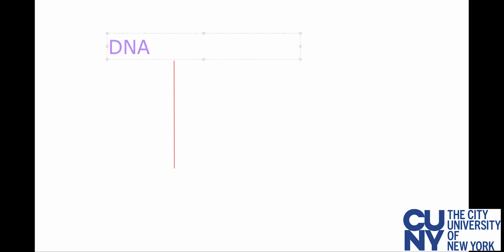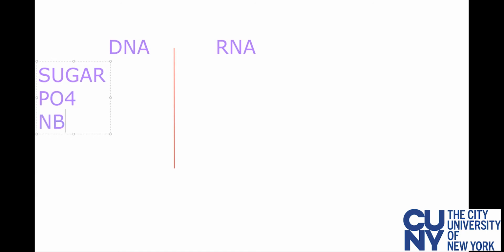DNA and RNA. You need to remember what the building blocks are that make a nucleotide, and what a nucleotide is made up of. They are made up of sugar, then phosphate, and then nitrogenous bases.